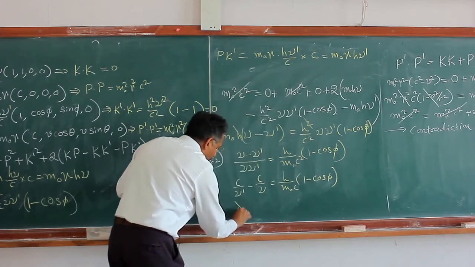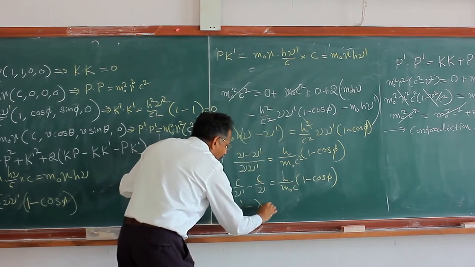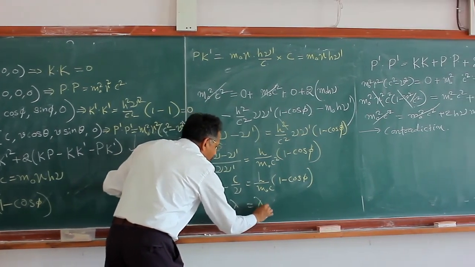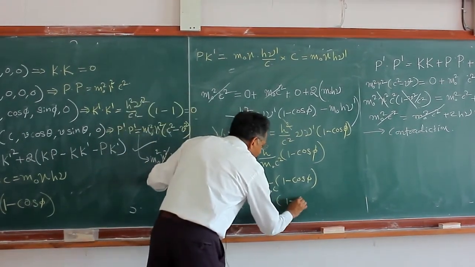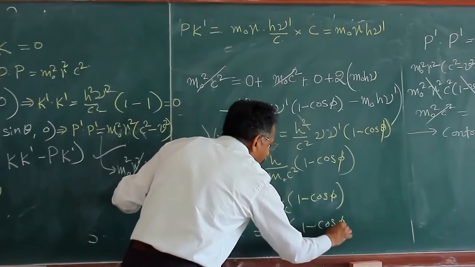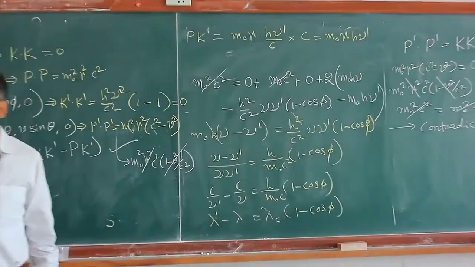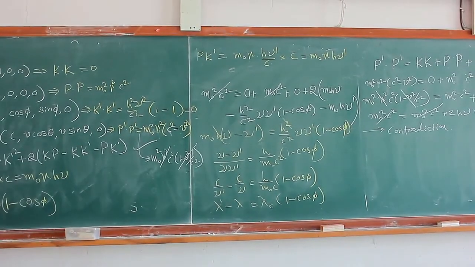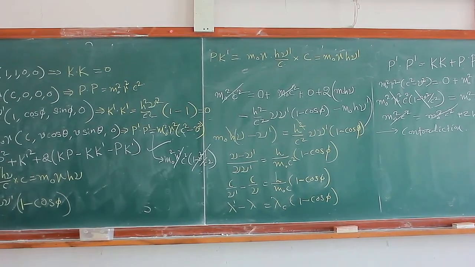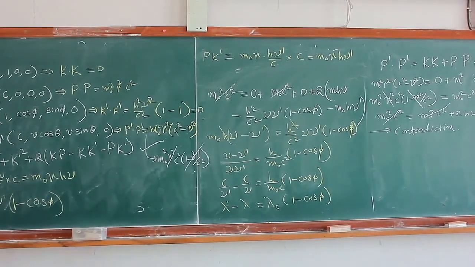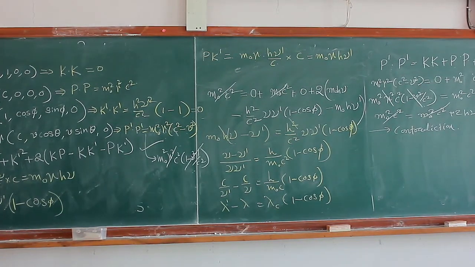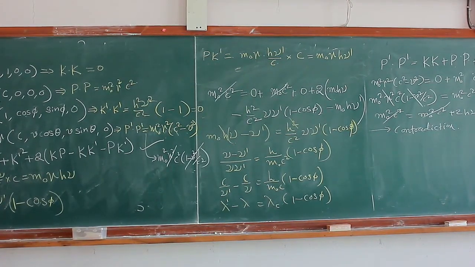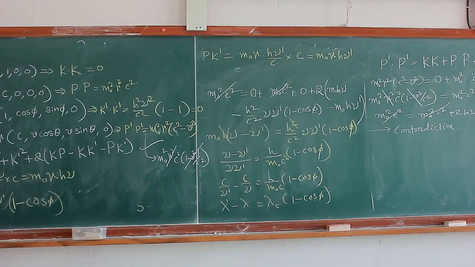So this is lambda dash minus lambda equal to lambda c, the Compton component, into 1 minus cos of phi. So quite easily we arrive at the final equation that we learn as the derivation of the shift in the wavelength.